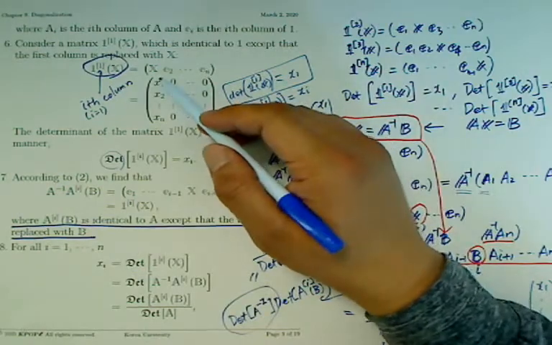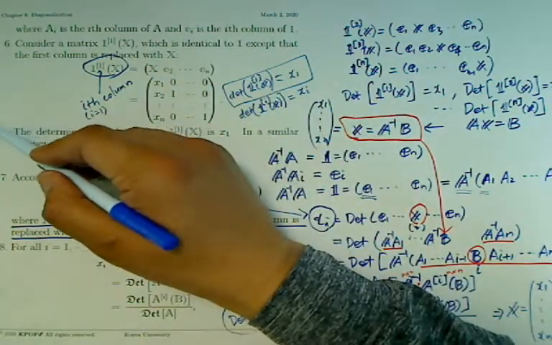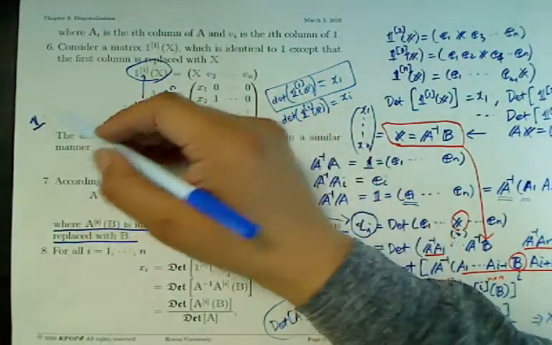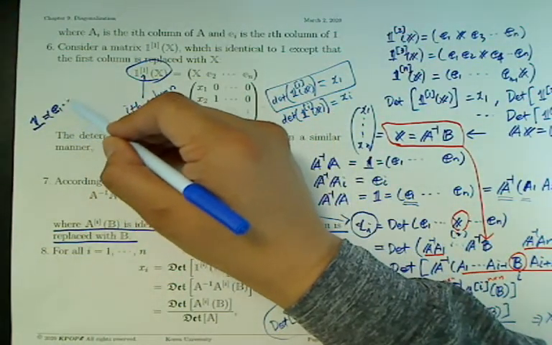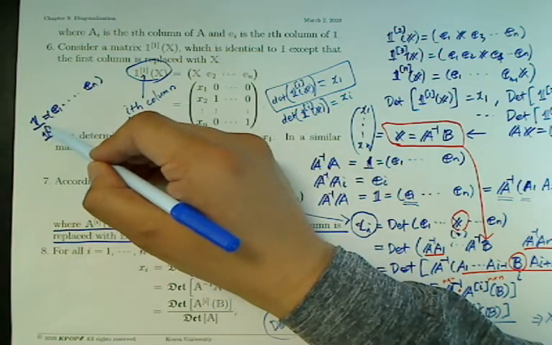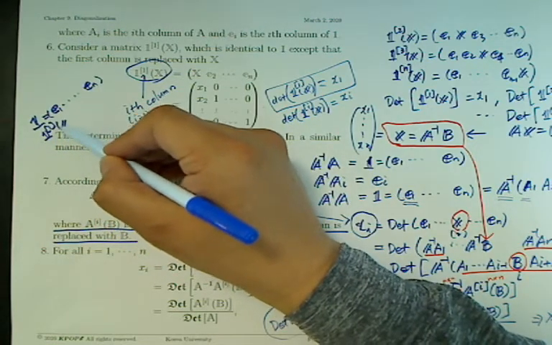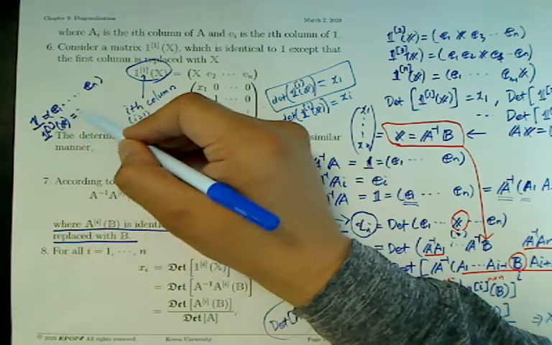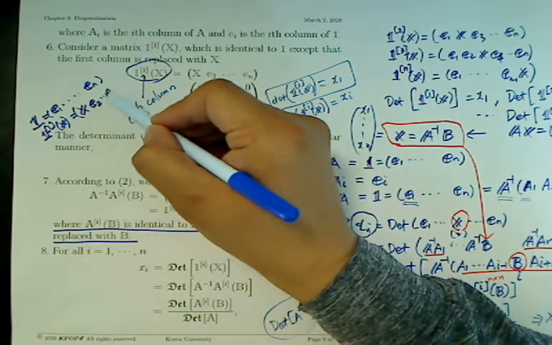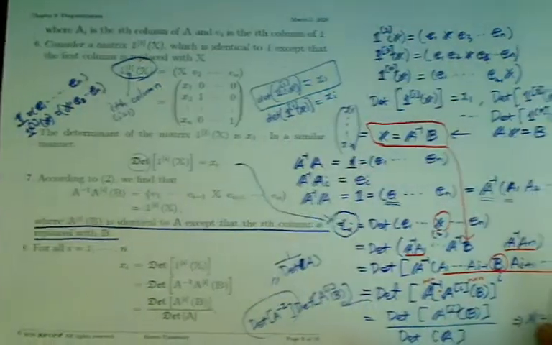Because the identity matrix is e1 to en, for i equals 1 the first column is replaced with x. That means the first one will be replaced with x, and the rest are e2 to en.